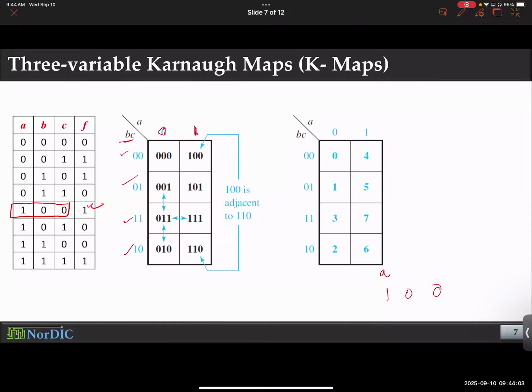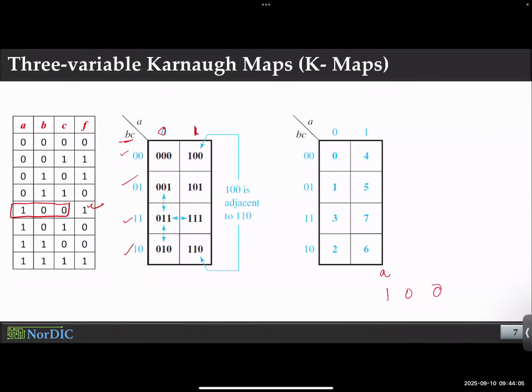What is the value of A? Sorry, 1. So I should look at this column. And then 0, 0, I should look at these rows. So this is your 1, 0, 0. Does that make sense? But when you change the variables, like put A here and BC there, this will no longer be that point. It will be somewhere else, but I hope you can still find it, right?